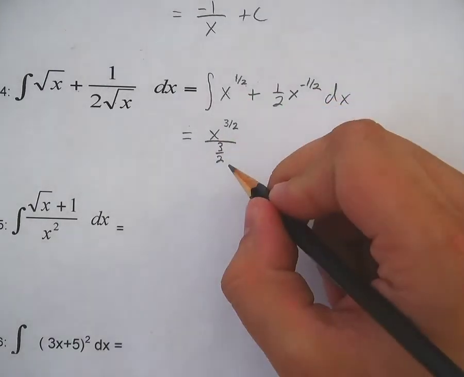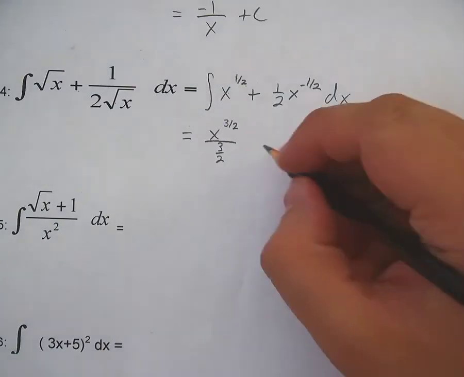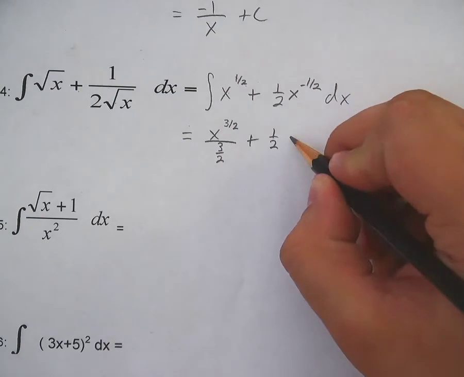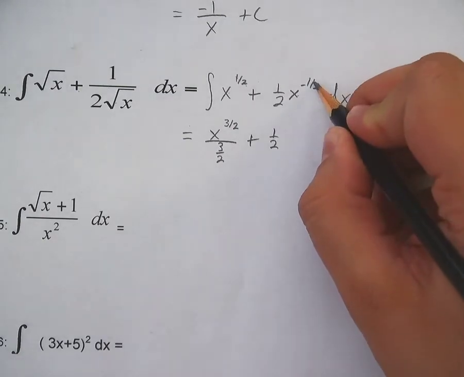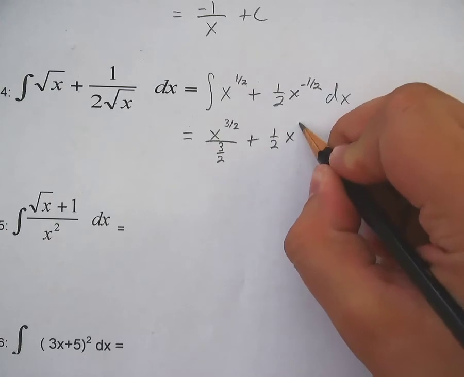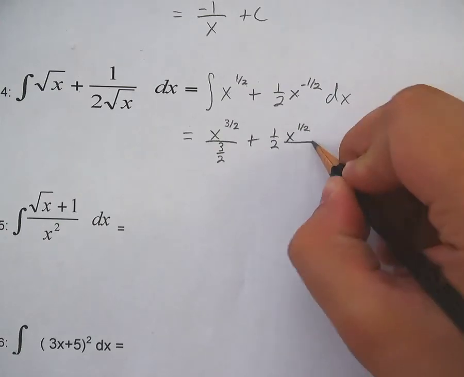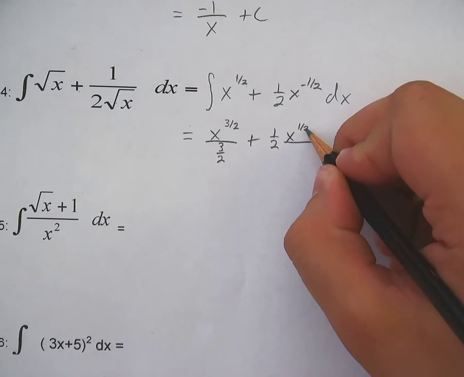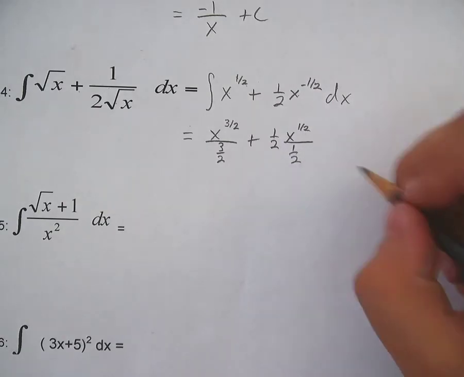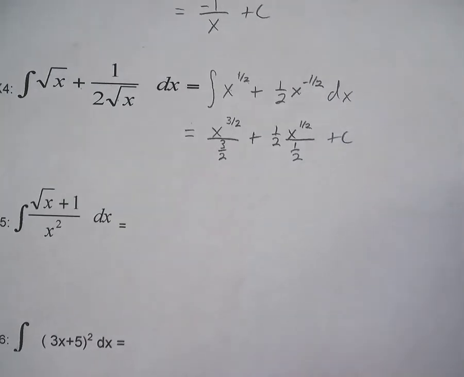Now you know we're not going to leave it like that, but we'll get to that in a minute. Plus 1/2, plus 1 up here is going to be x to the positive 1/2 over 1/2. And again, you know we're not going to leave it like this, plus c.